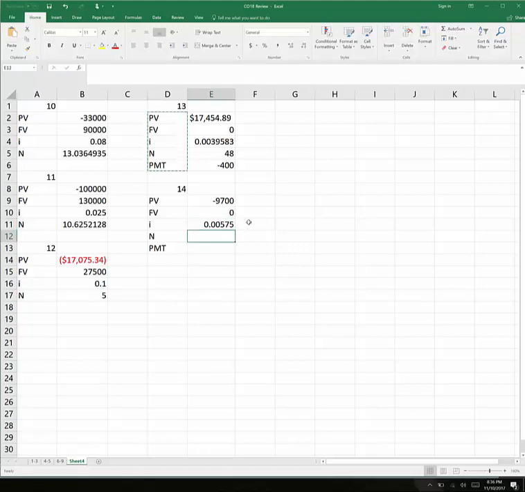And we're going to do 36 months. So we want to know our payment. So payment with our rate, number of periods, present value, future value, and that's about $300 a month.